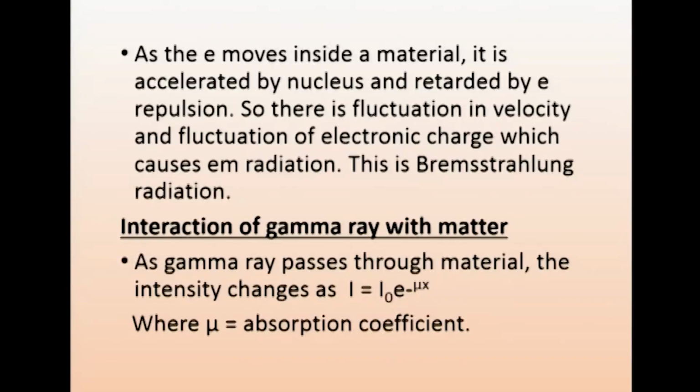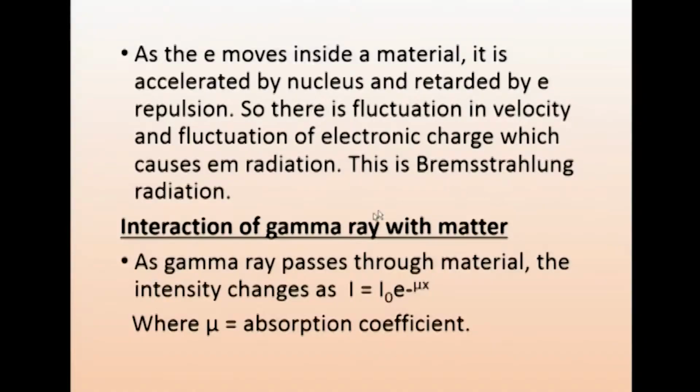Therefore, it gets repelled everywhere, so as a fluctuation it will go. This fluctuation will cause electromagnetic radiation, like any dipole antenna. When the electron is moving up and down, we get radiation. Similarly, here this electron is moving, fluctuating and going, so we will get radiation. This radiation is called Bremsstrahlung radiation.